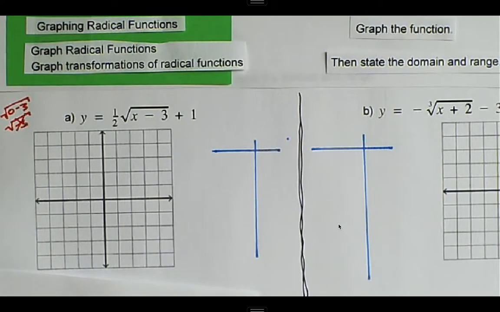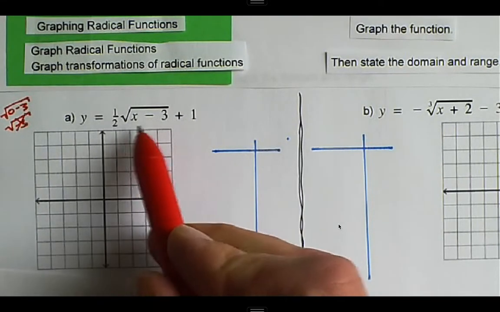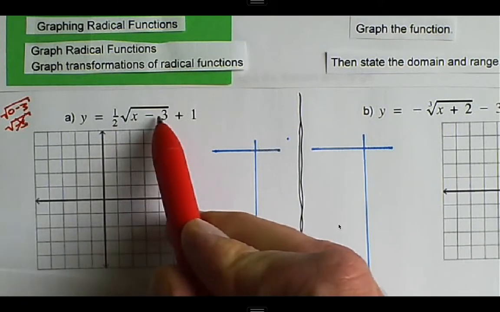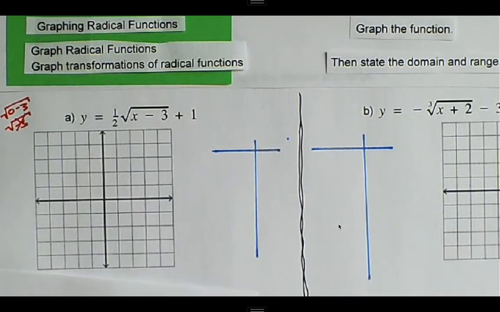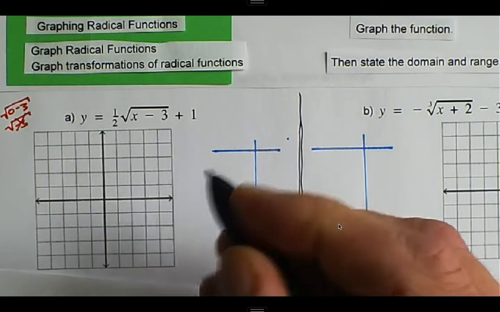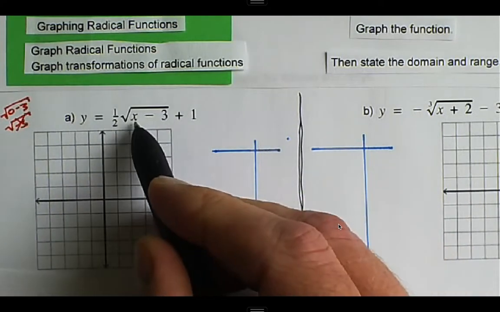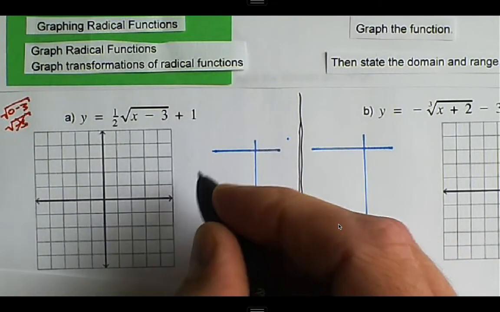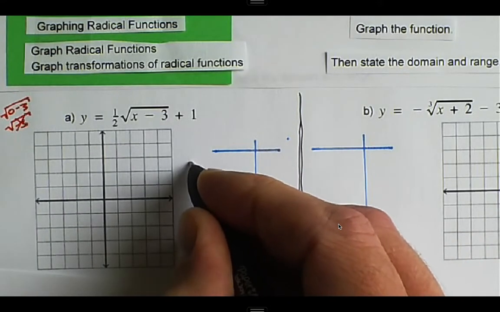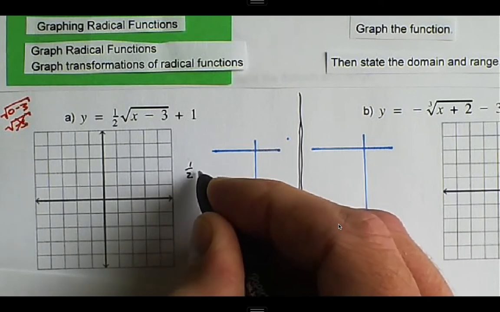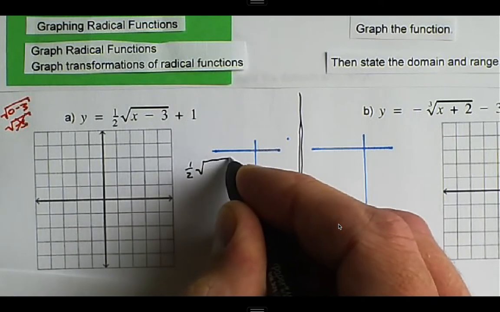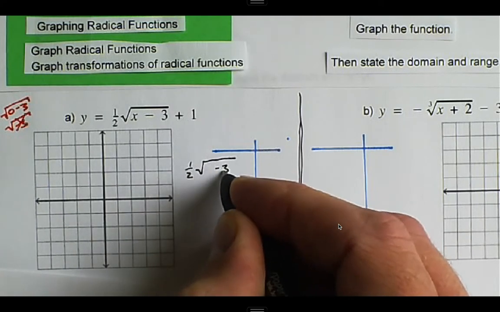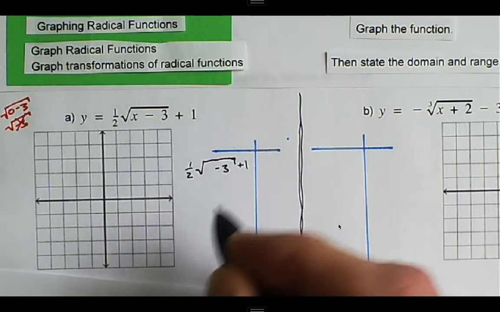So what we want to do is make sure that whatever we substitute in for the x is going to make this radical work out very nicely for us. So we're still thinking of 0, 1, and 4, but it has to be those things after we subtract 3 from it. So we can write down the equation. We have 1/2, and then we take the square root, and we subtract 3, and then we add 1.